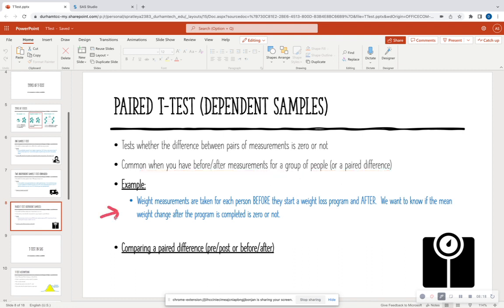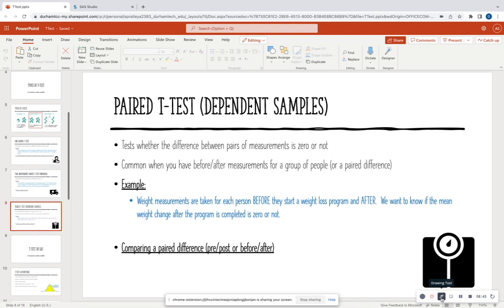So the weight measurements are taken for each person before they start a weight loss program and after. We want to know if the mean weight change after the program is completed is 0 or not. Okay, so I'm going to get that one person and compare that person to themselves. Okay, this is why we do the dependent.